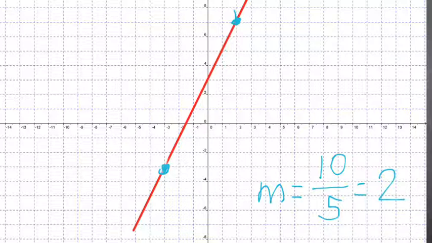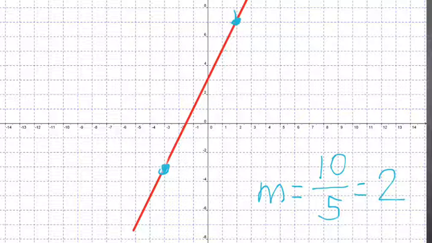What if we were to work backwards? What if we were given the slope of 2 and you had to graph it? That's its own other technique that we're going to learn. But if you're ever given a slope of 2, or a slope of 3, or any whole number, keep note that it is over 1, which means you are going to rise that whole number of 2, and then you're going to run 1.